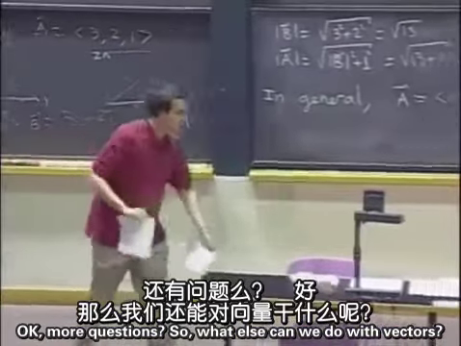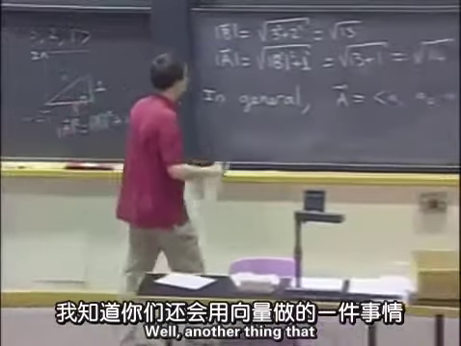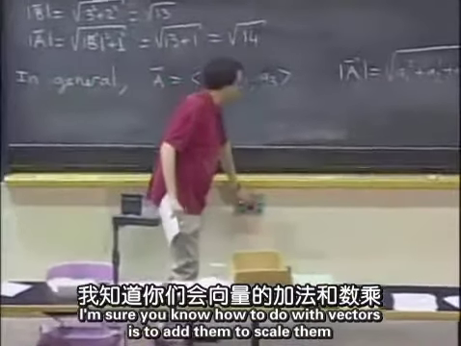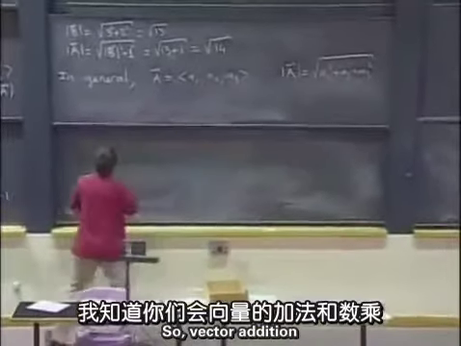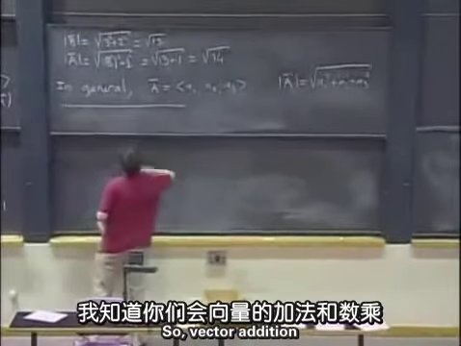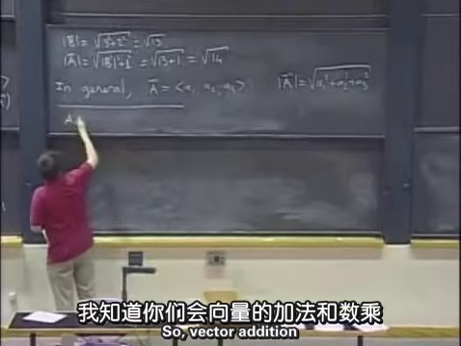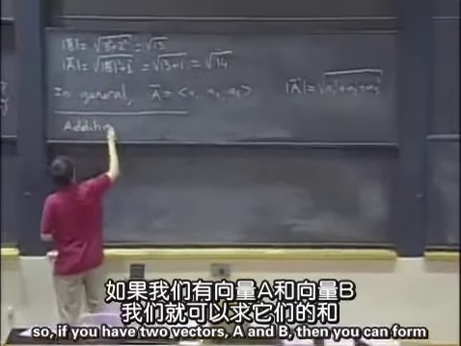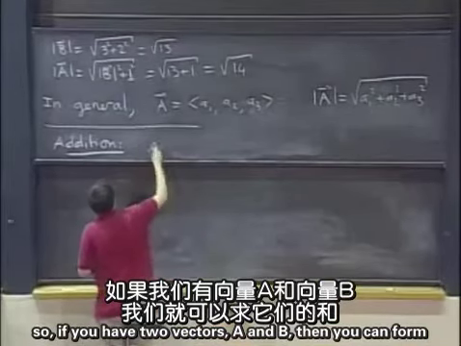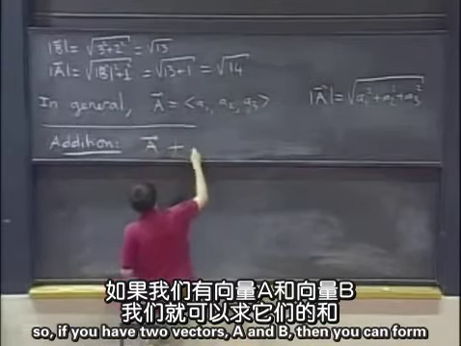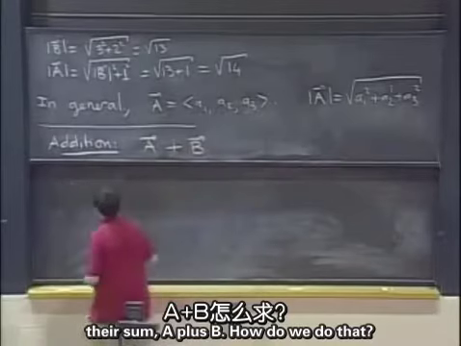So what else can we do with vectors? Well, another thing that I'm sure you know how to do with vectors is to add them or to scale them. So, vector addition. If you have 2 vectors, A and B, then you can form their sum A plus B. How do we do that?